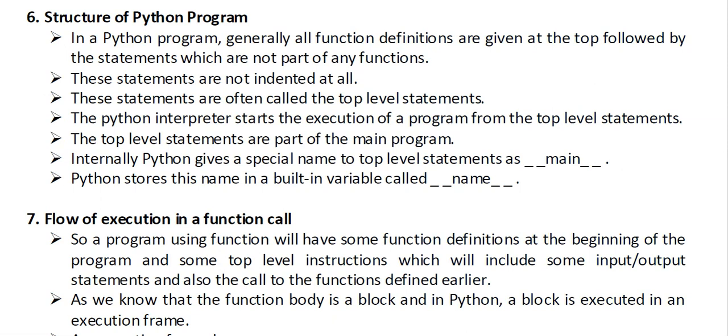This double underscore is called dunder in short form. This is a naming convention that Python programmers generally follow, because it is hard to pronounce double underscore again and again. So we just say dunder. So all those top level statements combined are called dunder main dunder. It is double underscore main double underscore.